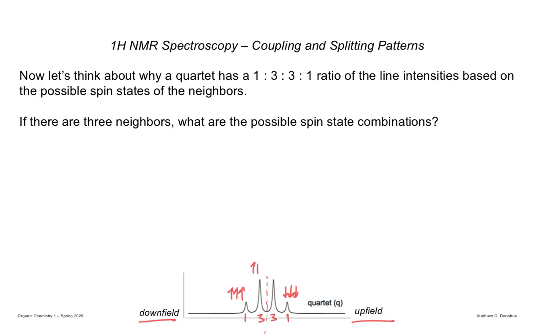So up, up, down. And then we're just going to move the down spin so it's in each position. So up, down, up, down, up, up. And then you can see that corresponds to the 3.